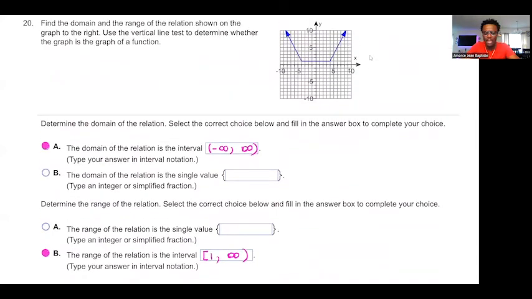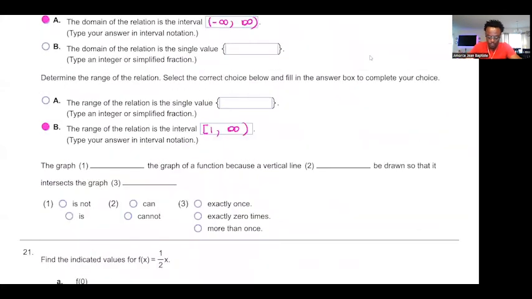Check this one. Does it pass the vertical line test? I'm curious. Well, your answer is yes. So that means this graph is the graph of a function.